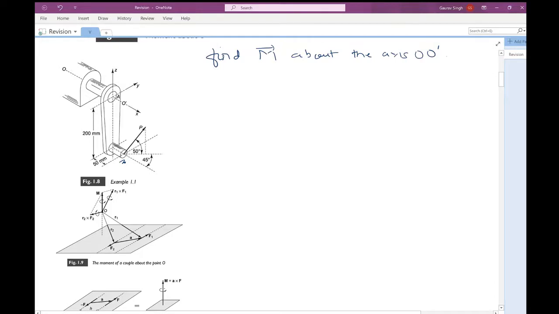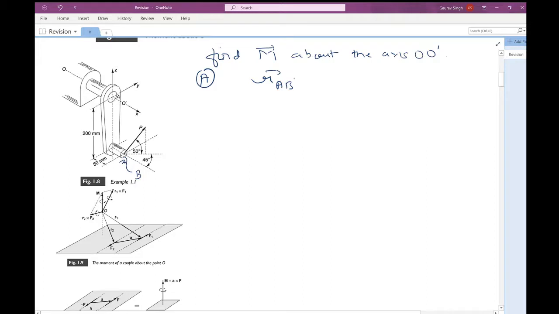So let's choose the point A. Find the moment of P about A using R_AB, the position vector going from A to B. P is the point, sorry, this is the point at which the force P is acting.